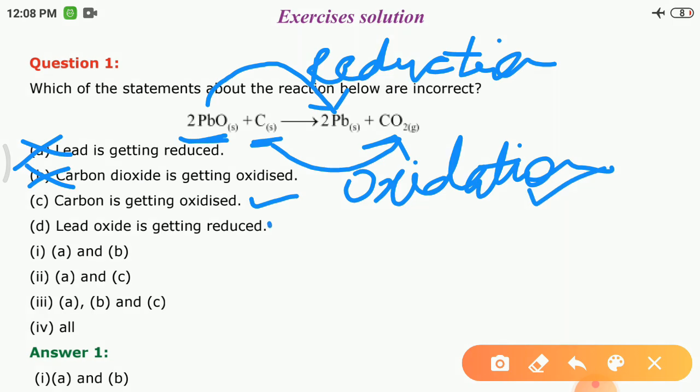Yes, this one is also correct. So C and D options are correct and A and B options are incorrect. Here in the question they are asking which ones are incorrect. So the correct answer will be first, A and B.